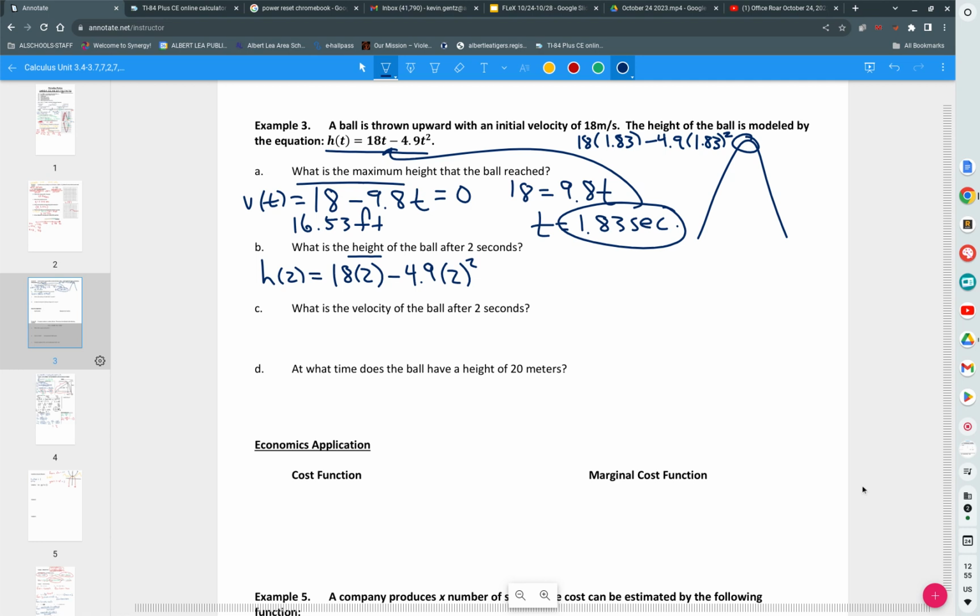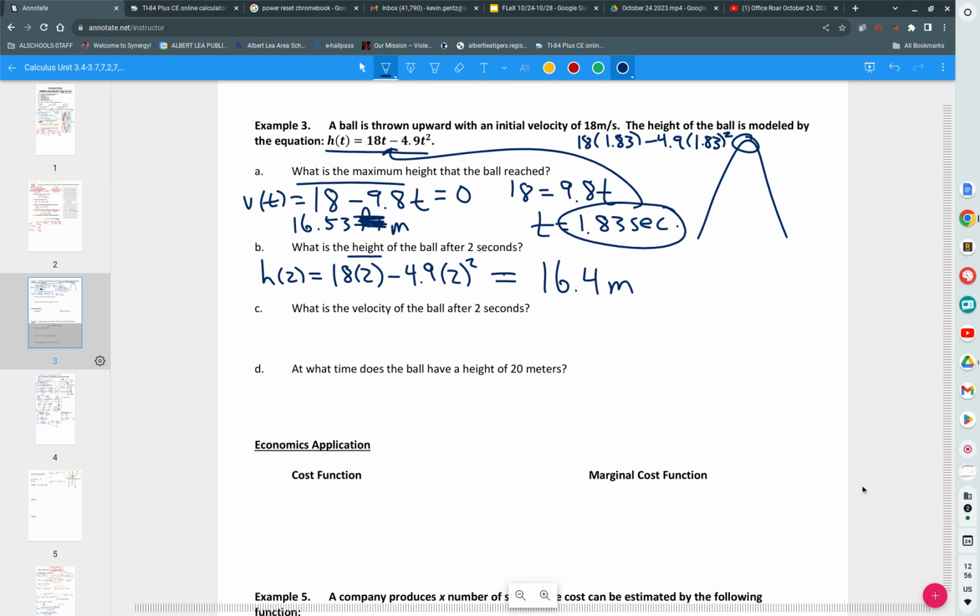Somebody give me an answer there. 16.4. Oh, sorry, thank you. Mr. Eden has corrected us. We're not measuring in feet, we're measuring in meters. So I said greater or less than 16. I was kind of rounding. Obviously, you can see 16.53. We know it's going to be less than that.